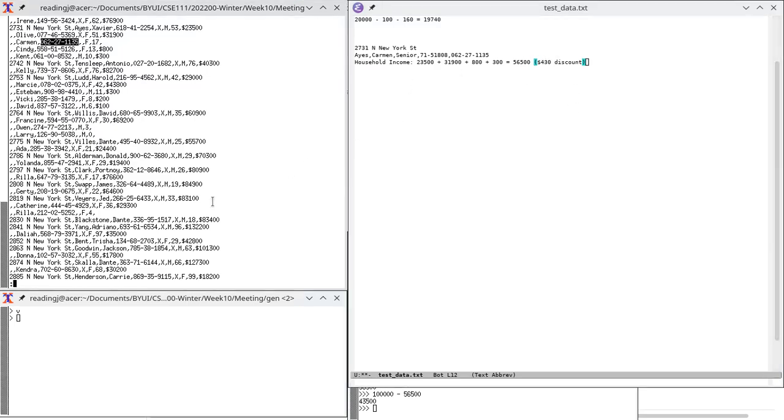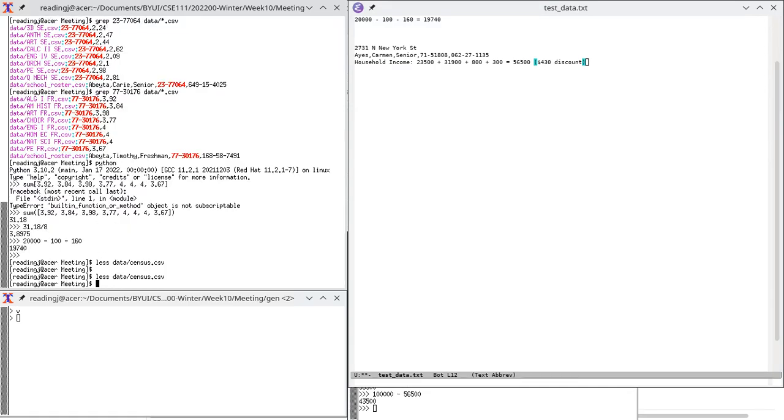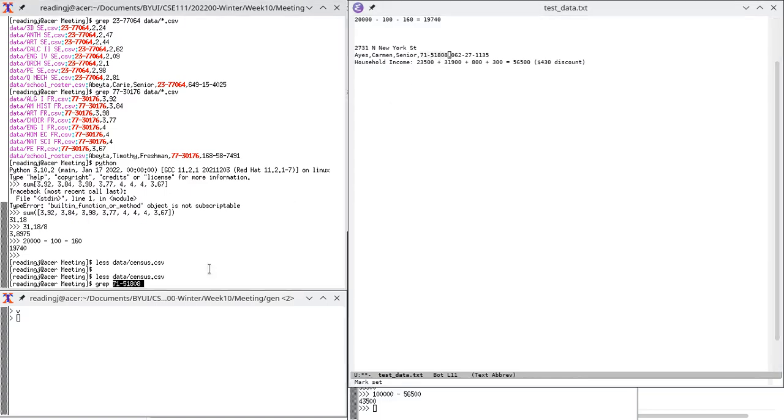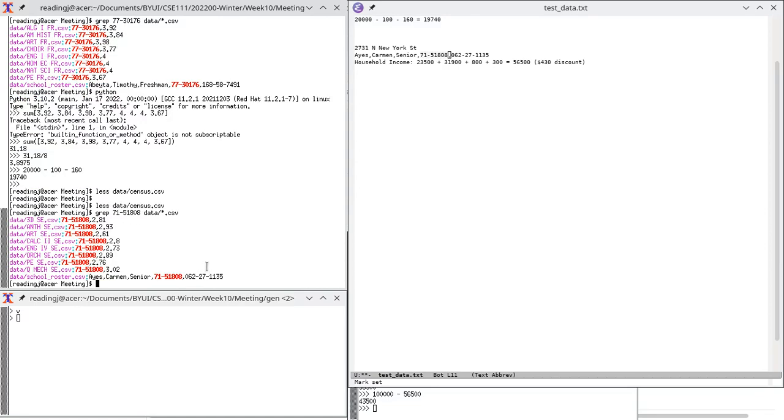Okay, now we've got to get her grade point average, and again we'll do that by going through all the classes, looking for her student ID. She's not going to get a GPA discount because the only one that's above 3 is that one, and it's barely above.